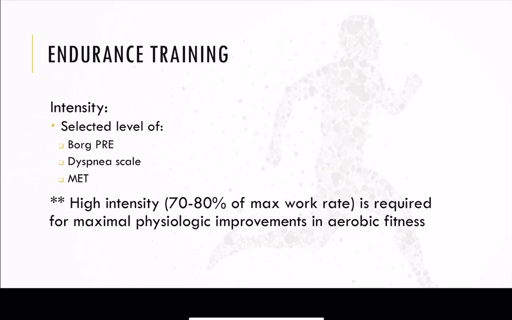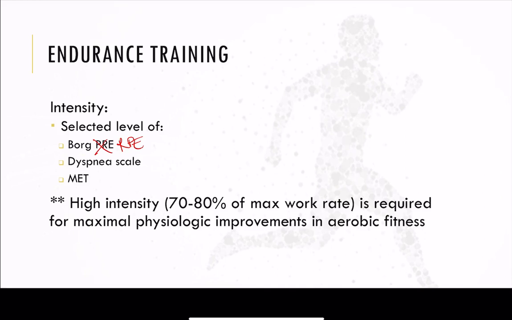For the intensity, it works really well in this group to do RPE, rating of perceived exertion. Dyspnea scale can be incredibly effective, using one of your MET charts to give them ideas of different MET levels. The rules still apply, right?